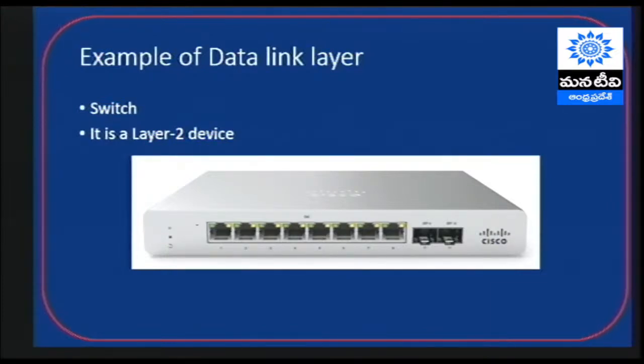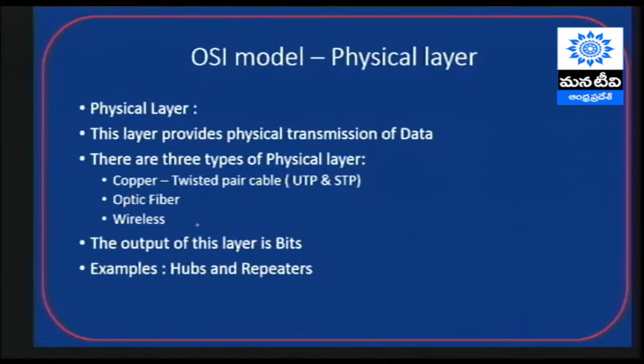So we have discussed the various networking devices which are important for network communication, and the last layer of the OSI model is the physical layer. The physical layer is only responsible for the transmission of data, physical transmission or maybe wireless transmission.